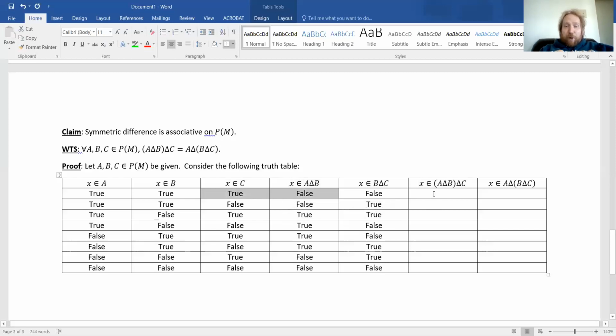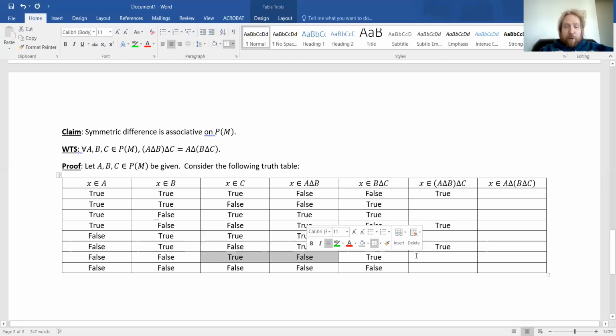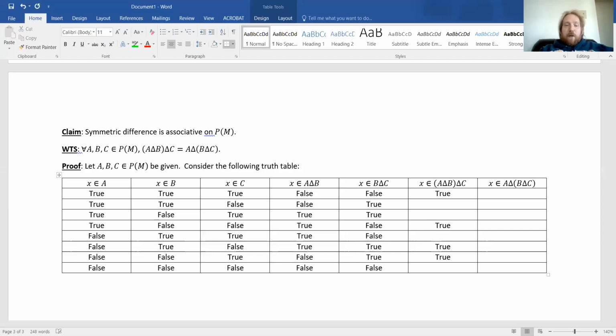So that would be here, not here because they're both true, here, not here because they're both true, but here, and here. Not here because they're both false. So true, false, false, true, false, true, true, false.